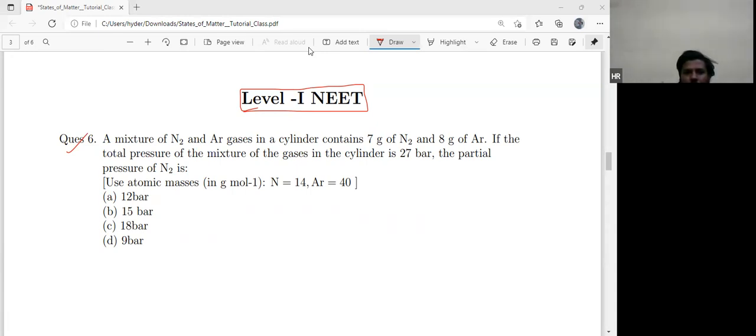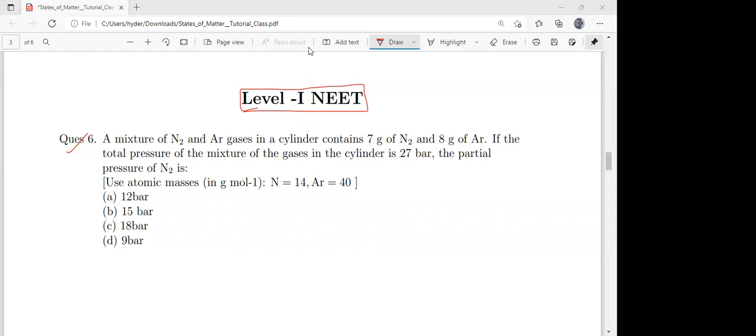Salman, you are connecting, disconnecting. Your internet is slow, right?